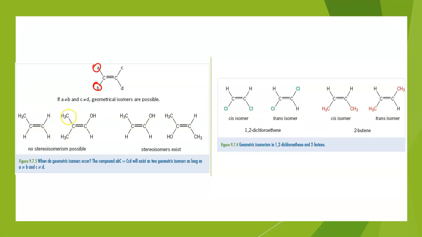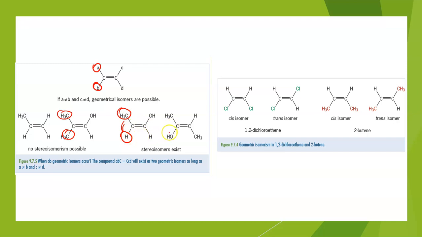Or if we have them where we have one on each side of the same carbon, no cis-trans isomerism. However, if we have two different groups on each carbon, as we do here and then here, we can have the groups that are different to hydrogen on the same side, or the hydrogens on the same side.